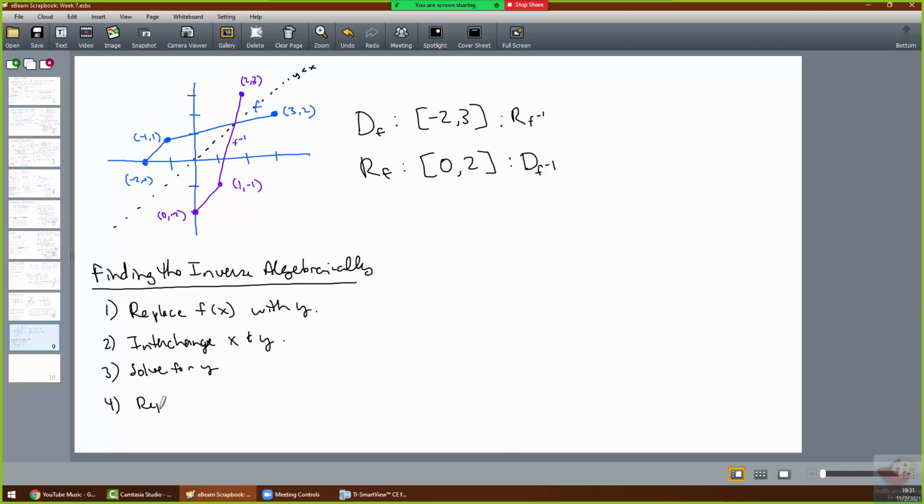And 4 is replace y with the symbol f inverse of x. Steps 1, 2, and 4 are purely cosmetic. Step 3 is where the fun's at.